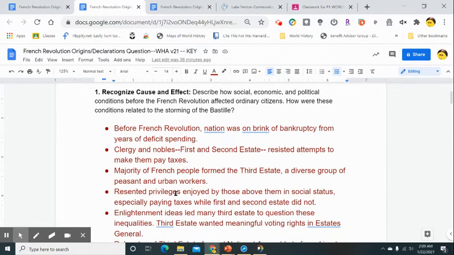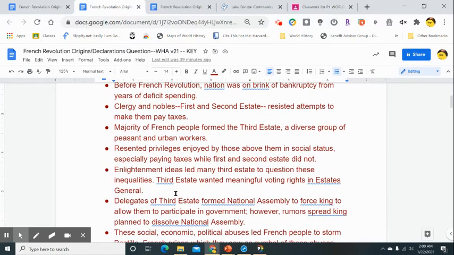Before the French Revolution, the French nation was on the brink of bankruptcy from years of deficit spending by Louis XVI. The clergy and nobles, the first and second estate, those of you who had me did the cartoons that talked about how the first and second estate were treated. They resisted attempts to make them pay taxes.